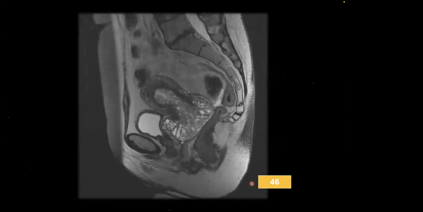You're correct. So, Bhagya, it is not predominantly soft tissue, right? It's more of cystic. So you can think of something less aggressive in this case.